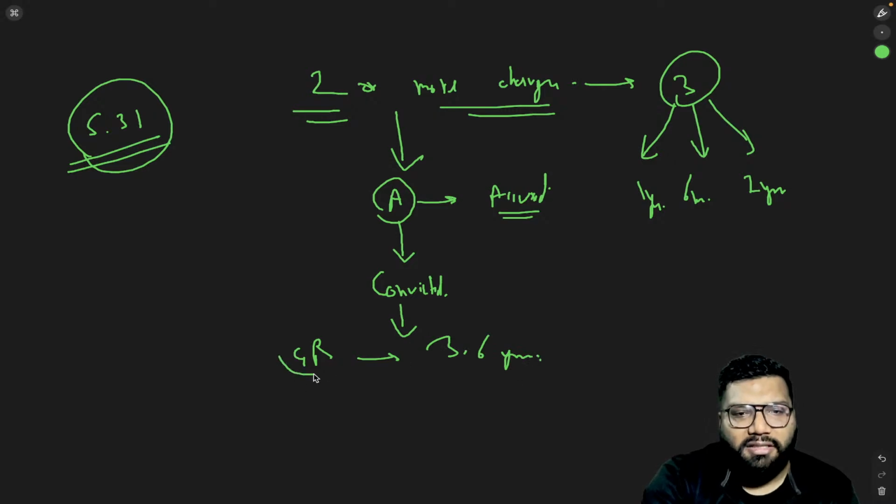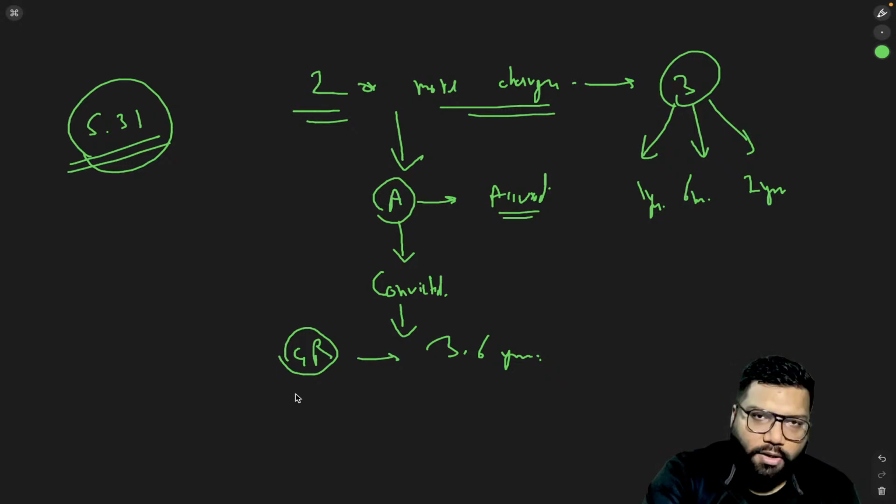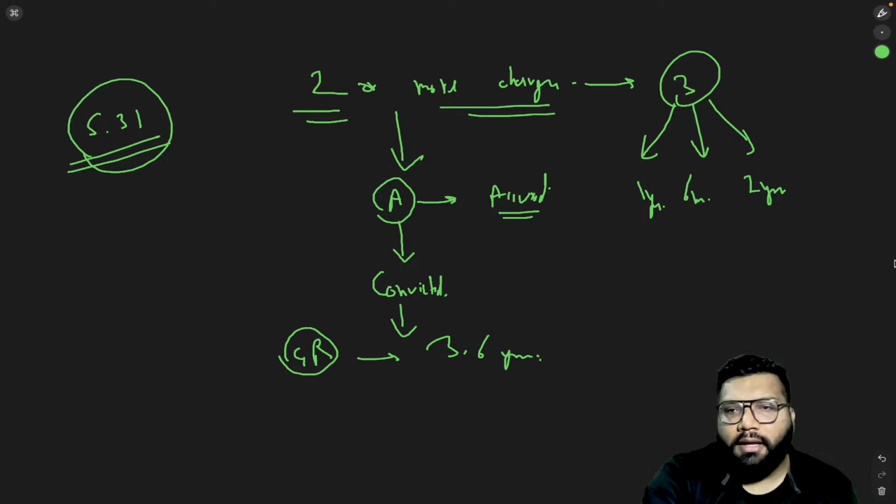This is the general rule as per section 31, that the convicted person will get the punishment consecutively. But there is an exception as well. If the judgment specifically says that the punishment is going to be concurrent, then he will get punishment concurrently.